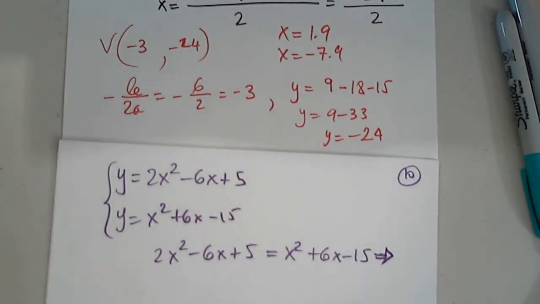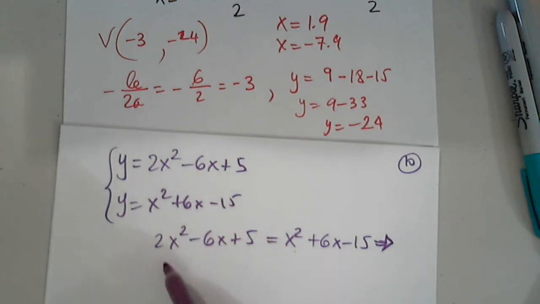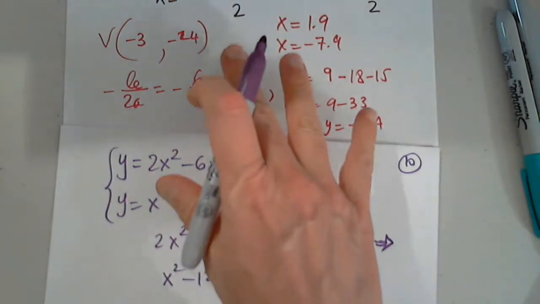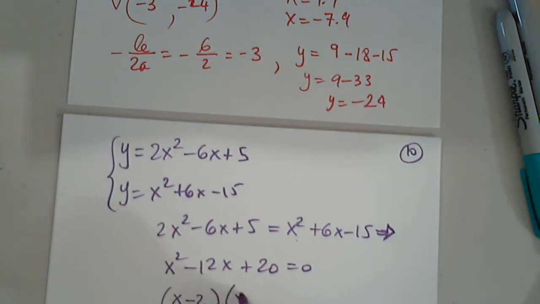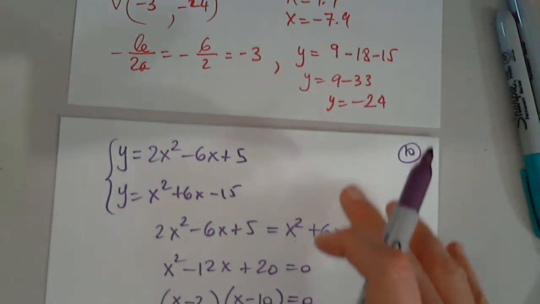I will move x squared, so I have x squared. I will move, so I get negative 12x, and I will move this, and I get positive 20. And this is nice because it factors very nicely. So x equals 2 and x equals 10. So the two graphs intersect when x equals 2 and when x equals 10.